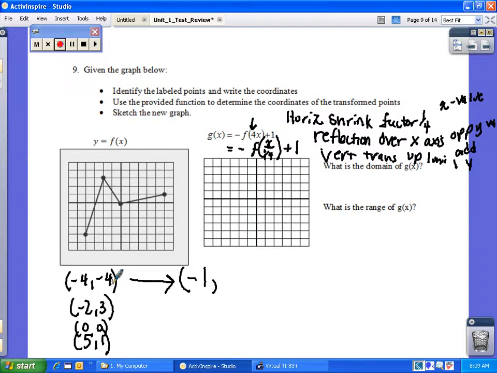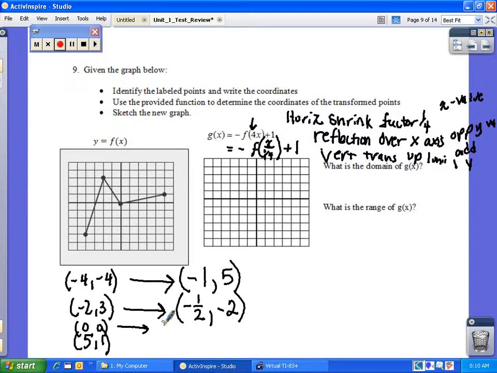And then if I add 1, that's going to make it 5. Next one, negative 2. I'm going to multiply that by 1/4, so it's going to be negative 1/2. And then the 3, I'm going to take the opposite and then add 1, so the opposite of 3 is negative 3, add 1 is negative 2.